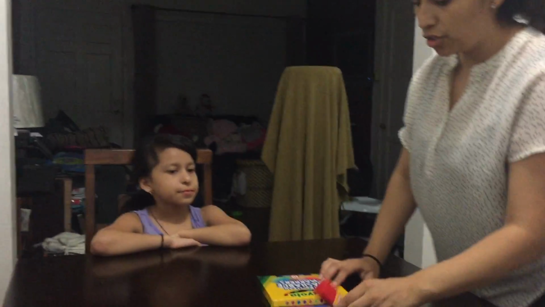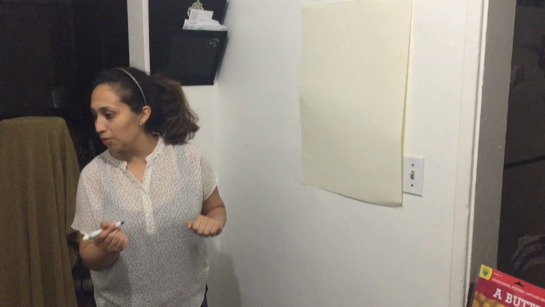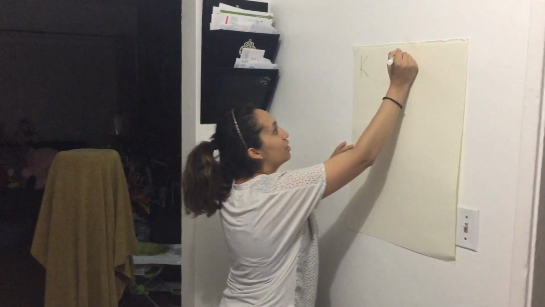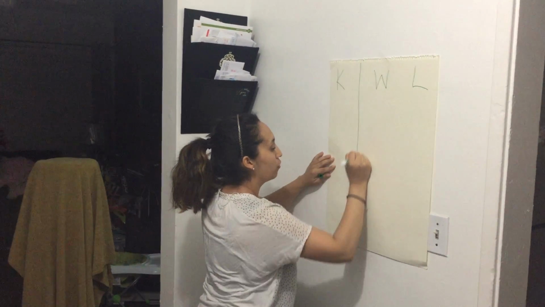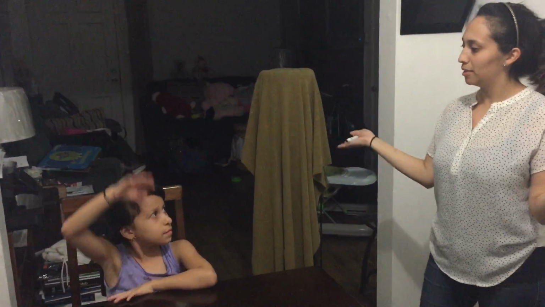Yes. Awesome. Okay, so what we're going to do right now is we're going to do a chart called KWL. Can you say it with me? KWL. Okay, so first we need to know, I want to ask, what do you know about shapes?